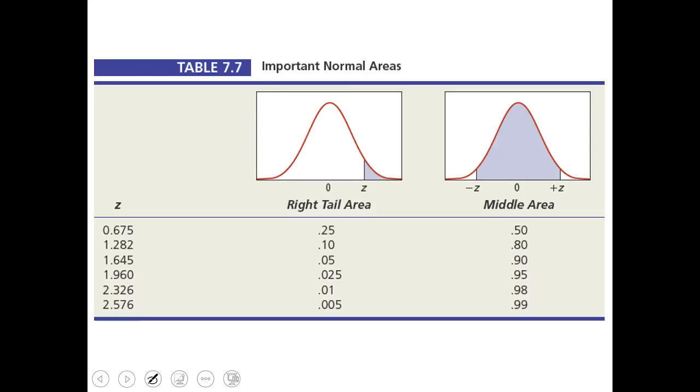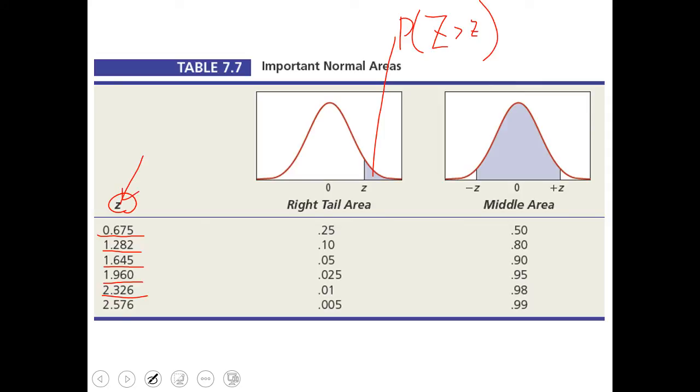So there are some important values for z. This part is the probability that z is greater than small z.